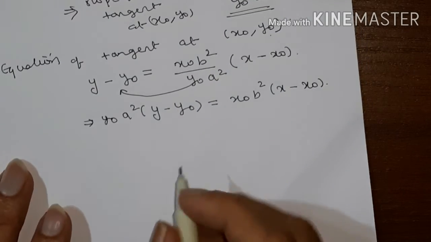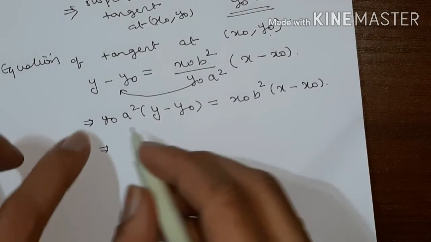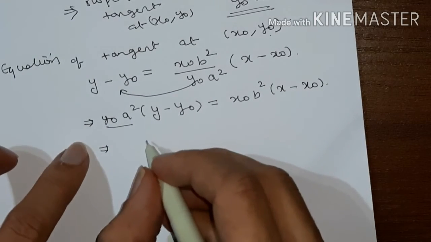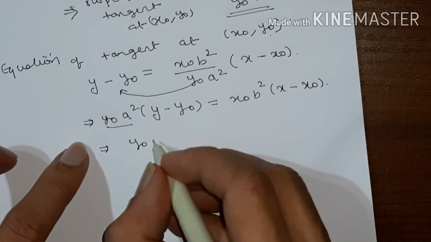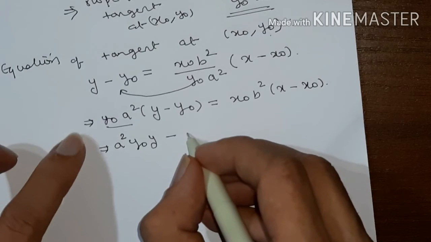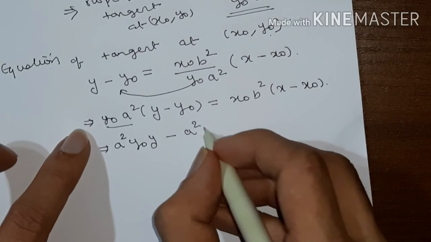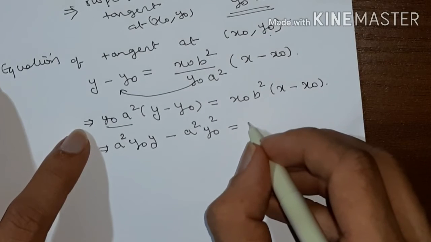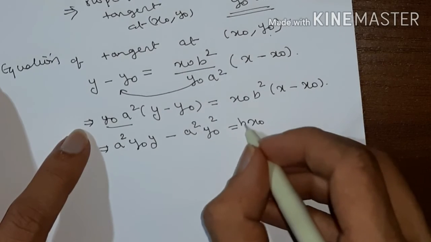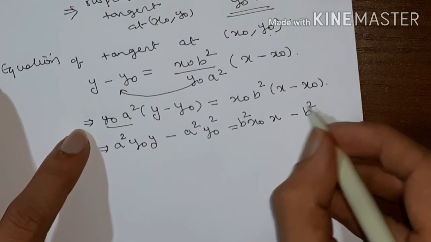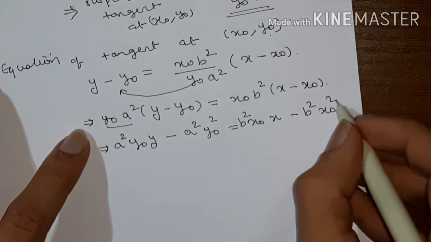Okay, so if we multiply this inside the bracket, what we get is y naught a square y minus a square y naught square equal to b square x naught x minus b square x naught square.